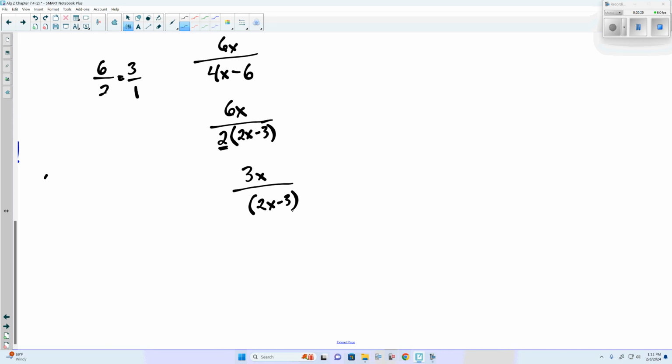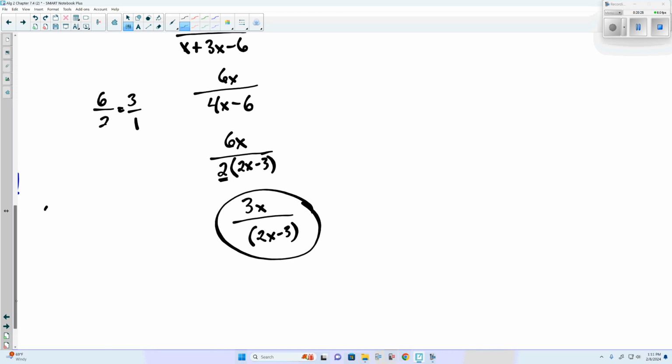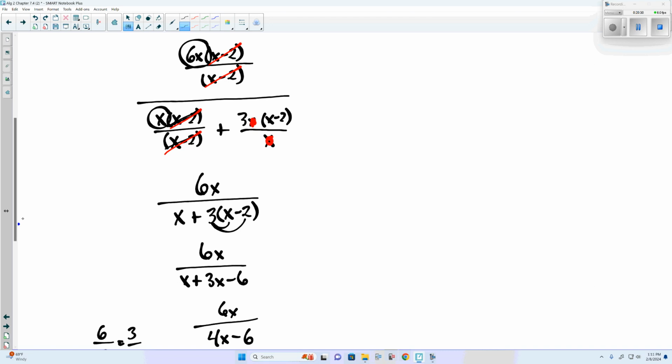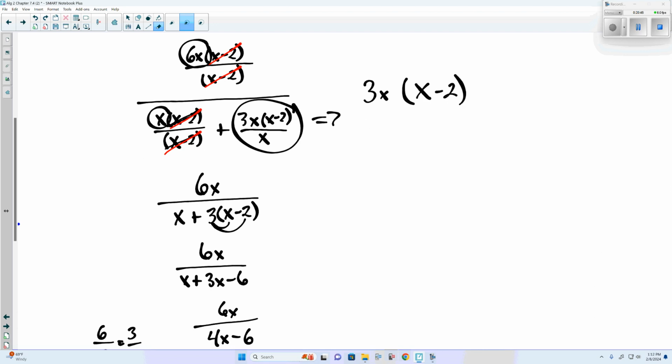Questions on this here? Because we have 3x times x minus 2 all over x, yes? Is this the same as 3x over x times x minus 2? What's 3x over x?